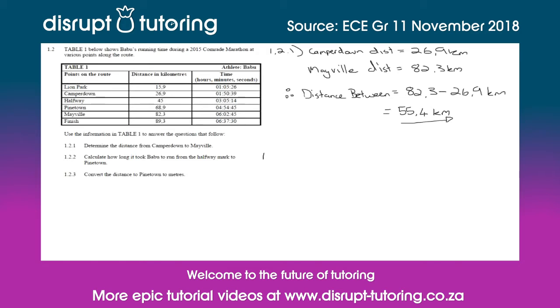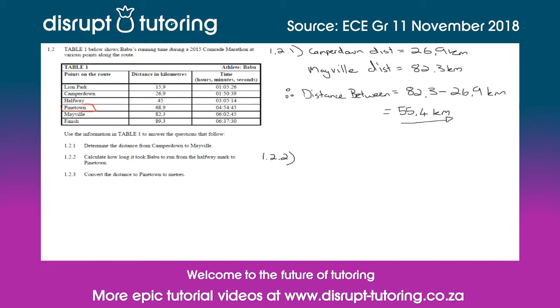Okay, and then on to the next one, which is 1.2.2. Calculate how long it took Babu to run from the halfway mark to Pinetown. So the halfway mark is over here, and he reached that point at 3 hours, 5 minutes and 14 seconds.